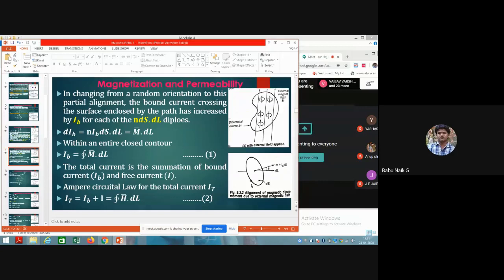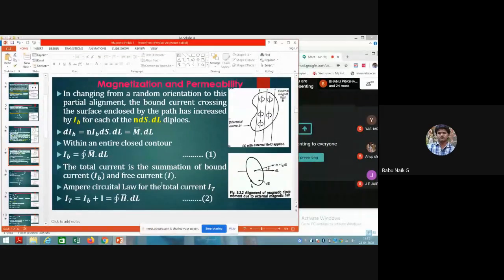So this is nothing but our magnetization, M bar dot dl. So now if you want to calculate the entire bounded current, it is the closed integral of M bar dot dl.